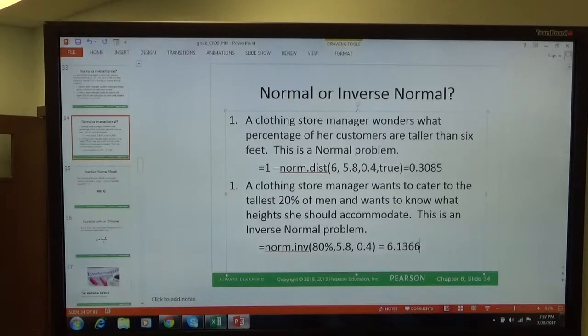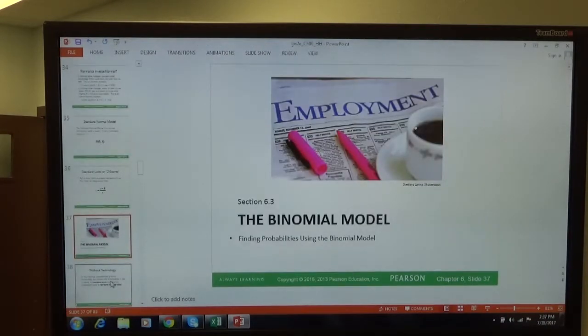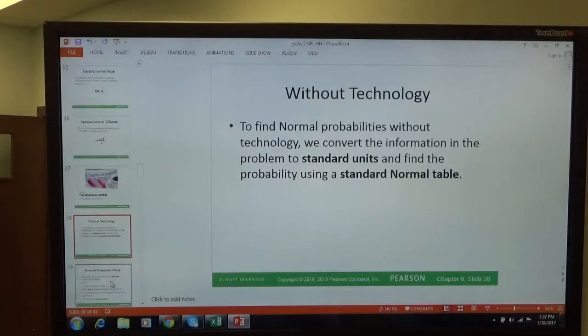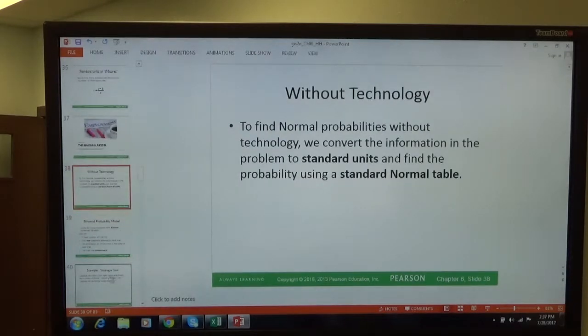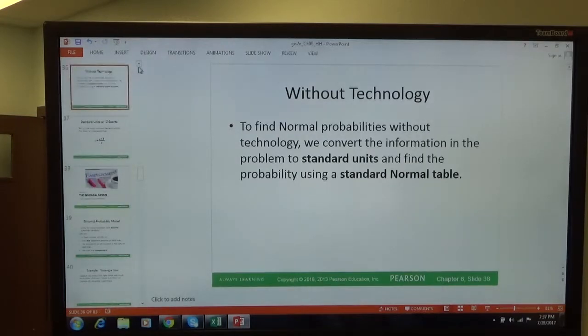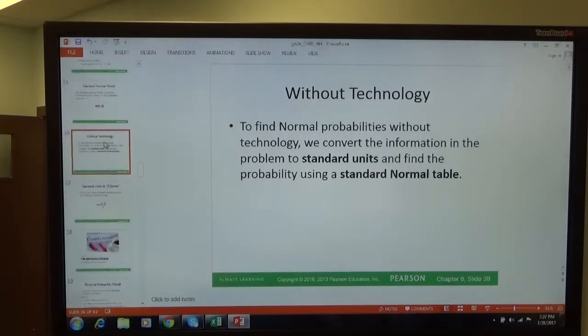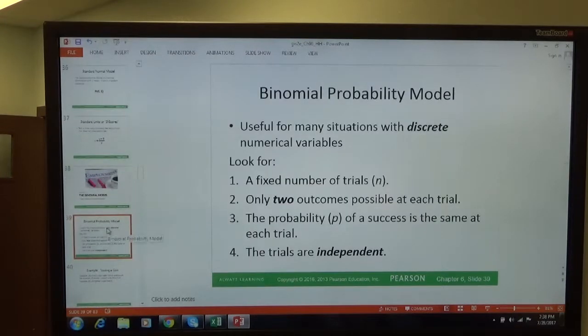Okay, good. Are we ready for the binomial distribution? Binomial distribution actually is pretty simple. Now, what is a binomial distribution? This slide should still be part of this one. Okay, binomial distribution.